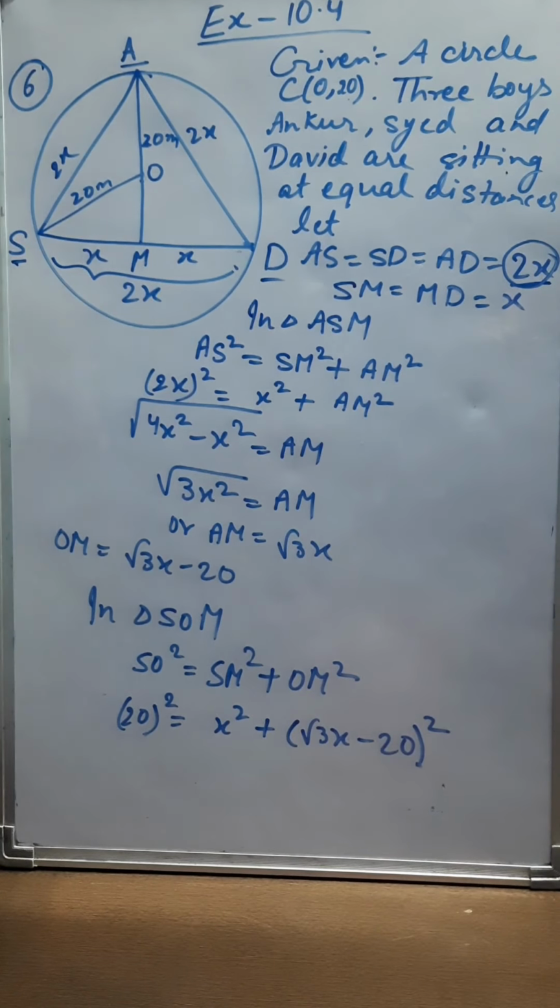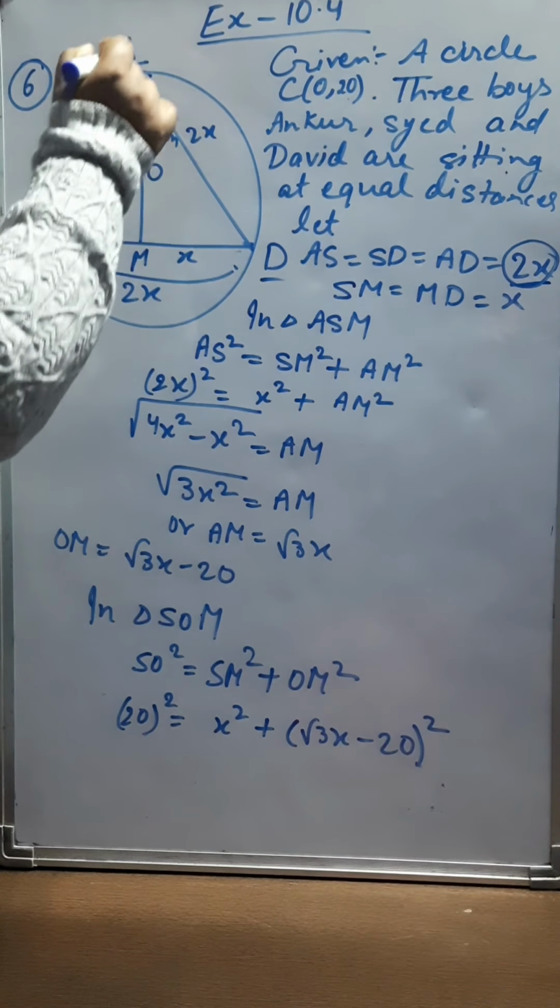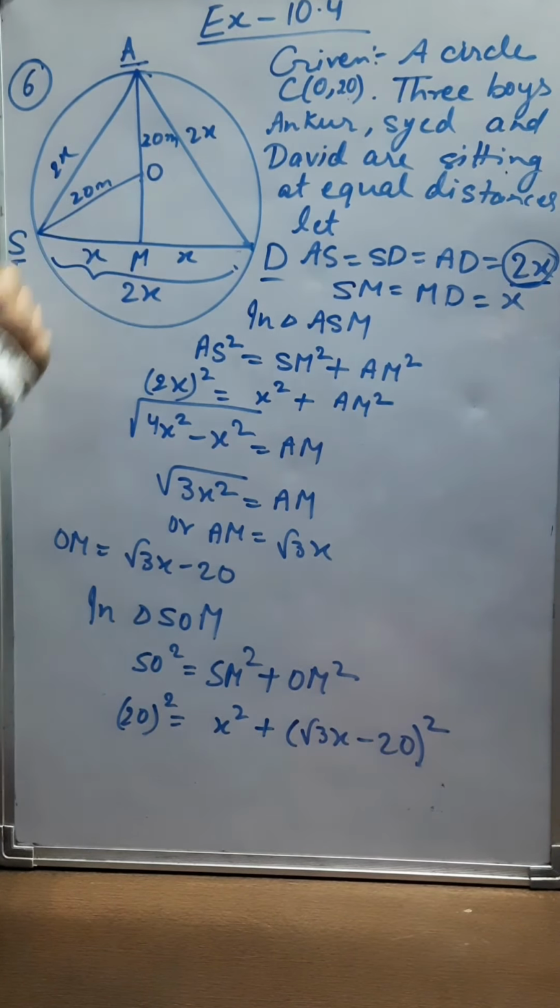Now you see, in triangle ASM, it is a right angle triangle. So we can write square of hypotenuse is equal to the square of the perpendicular as well as the square of the base. So here it is written AS square is equal to SM square plus AM square. So AS is 2x whole square, SM is x square plus AM square as it is.